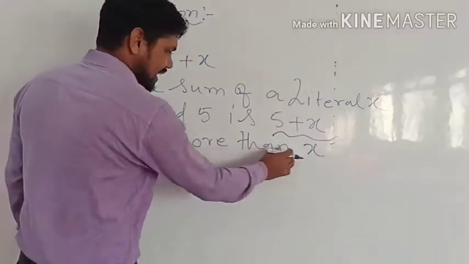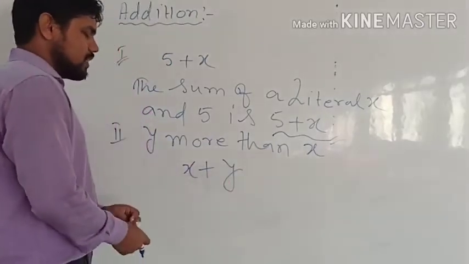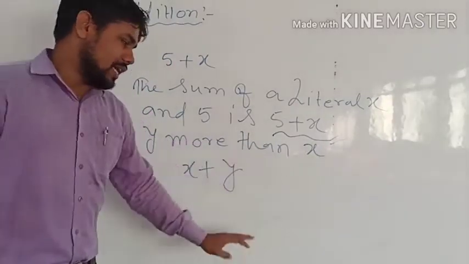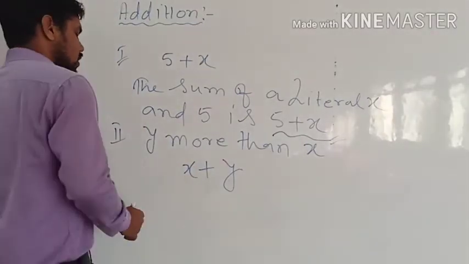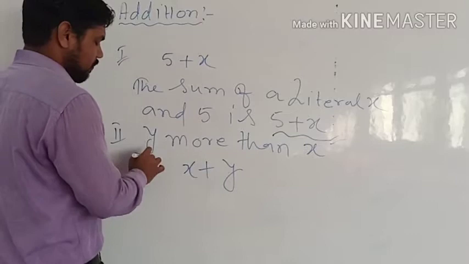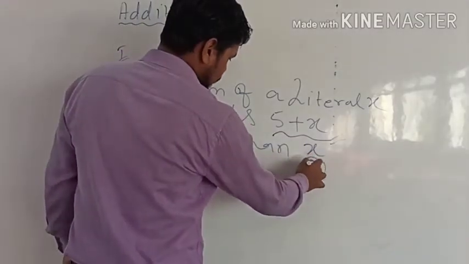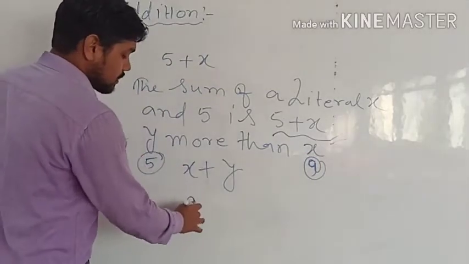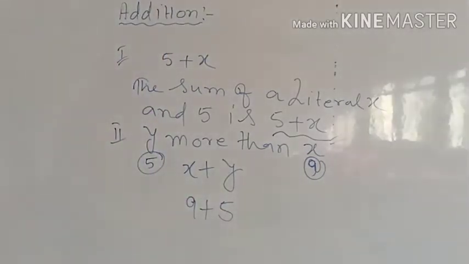First we will write x plus y. If it is asking x more than y, then y plus x. Instead of this, if you take some numbers, suppose 5 more than 9, that means it is 9 plus 5. Right? So this is the second thing.